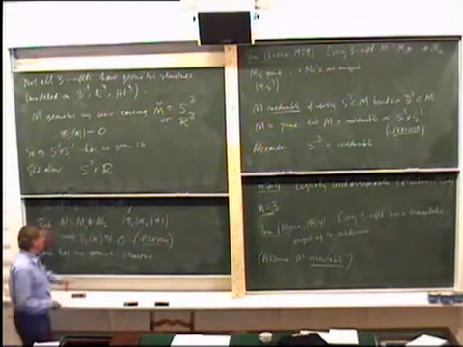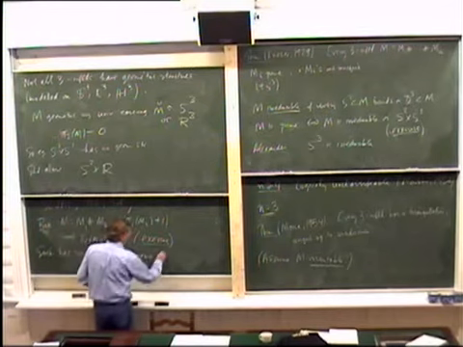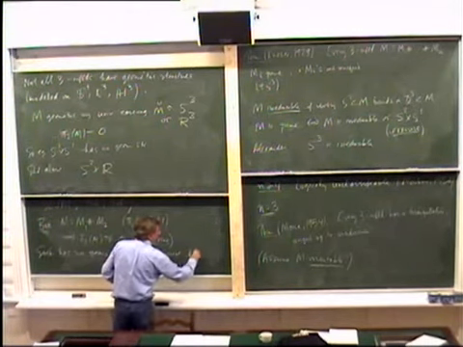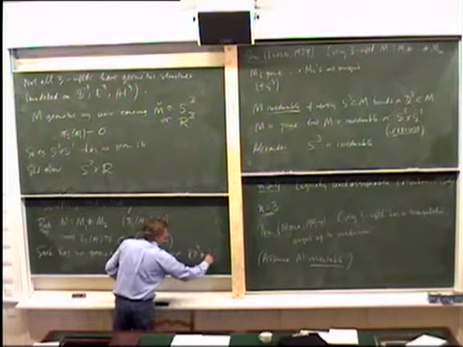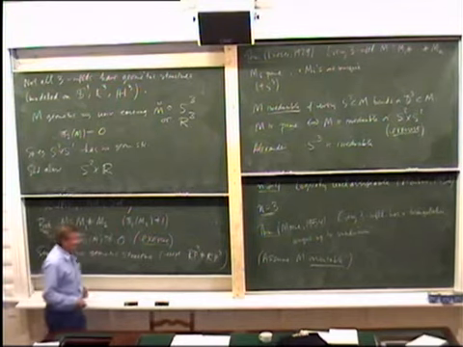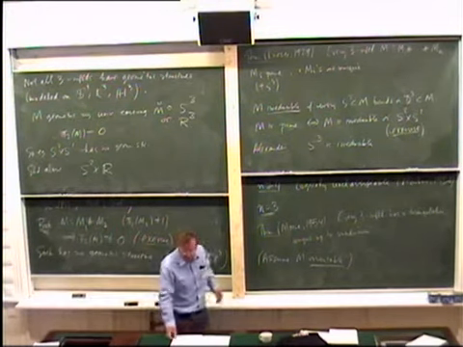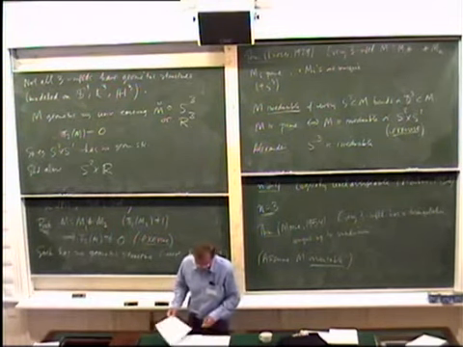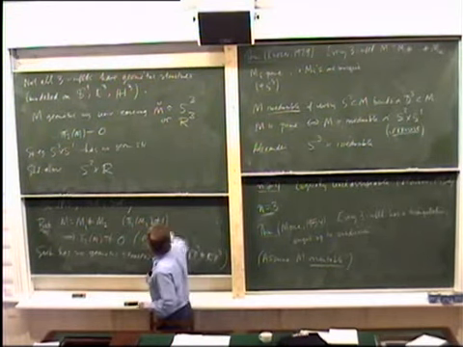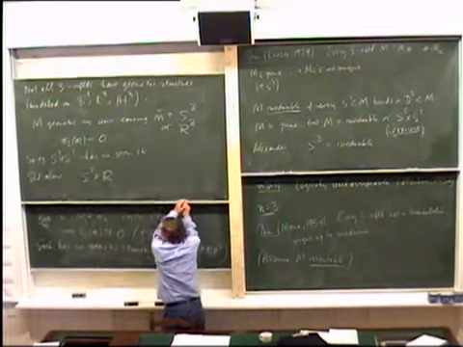Anyway, let me not get into that. But the moral is that there are pretty obvious obstructions to three manifolds having geometric structures.